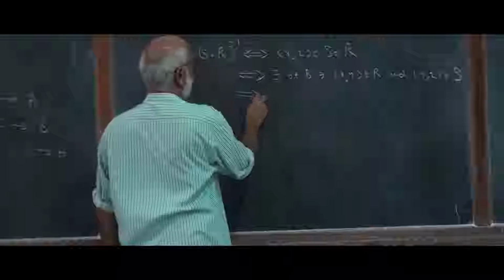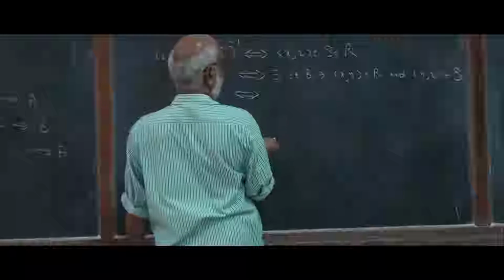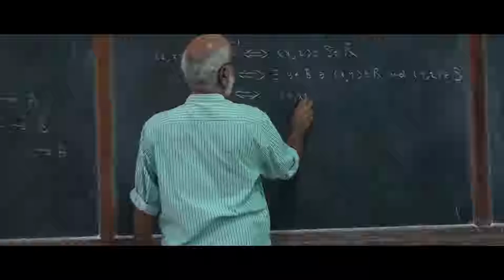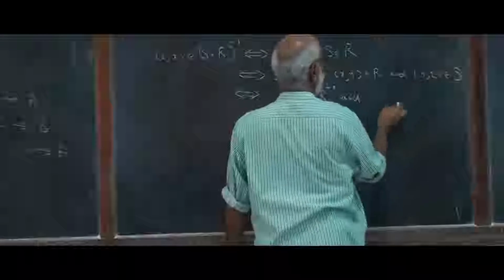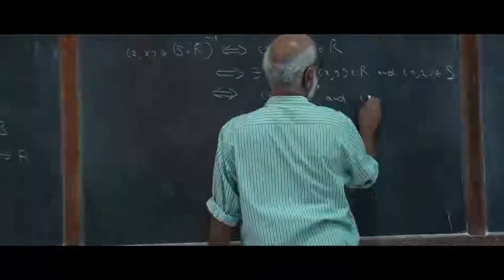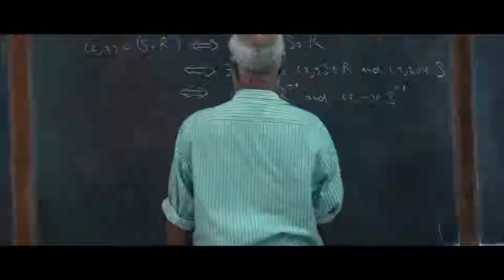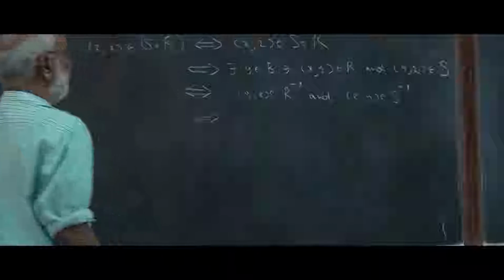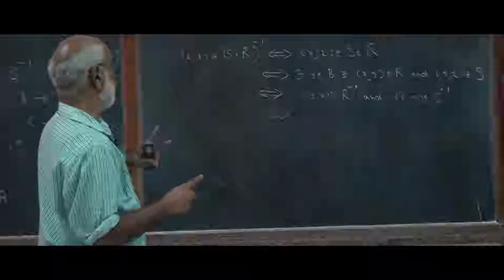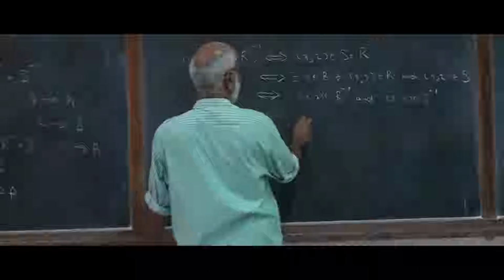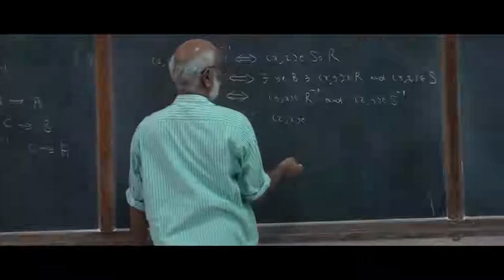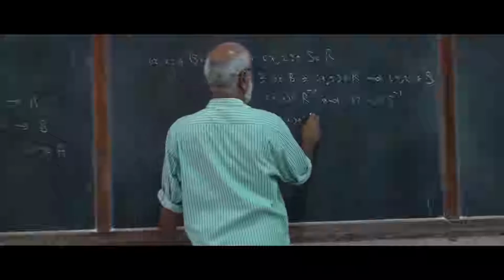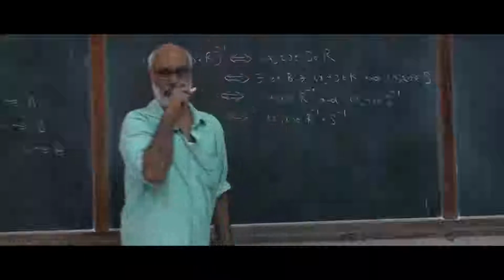And this happens if and only if (x, y) belongs to R, which is equivalent to saying that (y, x) belongs to R inverse, and (y, z) belongs to S, which is equivalent to saying that (z, y) belongs to S inverse. And these two things happen if and only if (z, y) belongs to S inverse and (y, x) belongs to R inverse, if and only if (z, x) belongs to R inverse composition S inverse.